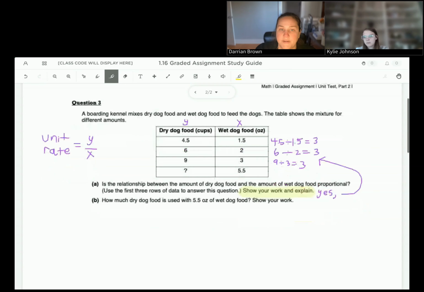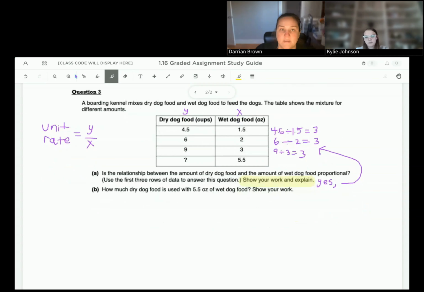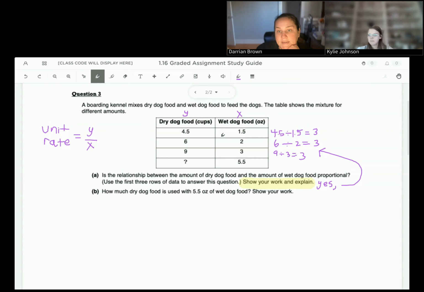Okay, we'll scroll down just a little bit, and let's look at part B. Part B says, how much dry dog food is used with 5.5 ounces of wet dog food? Show your work. So to do this, we need to create a proportion for ourselves. So 2 ratios. You can choose the first ratio for any of these.